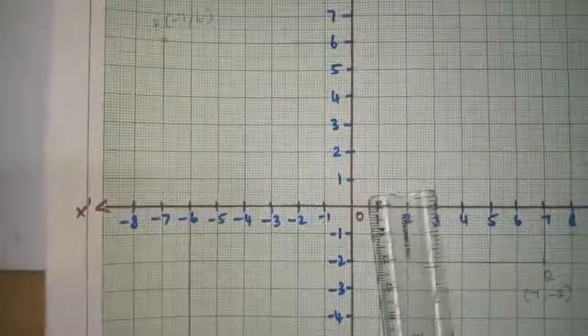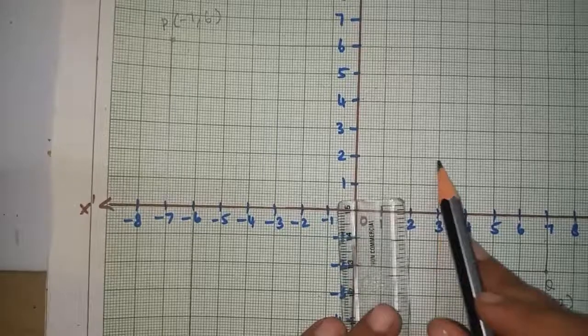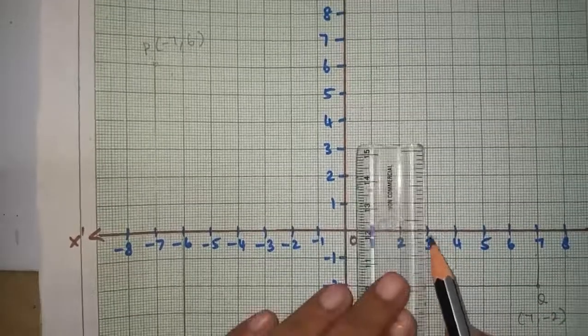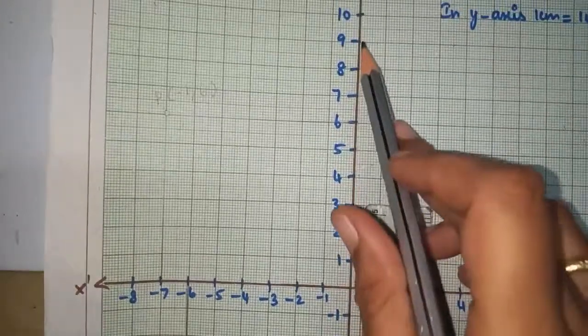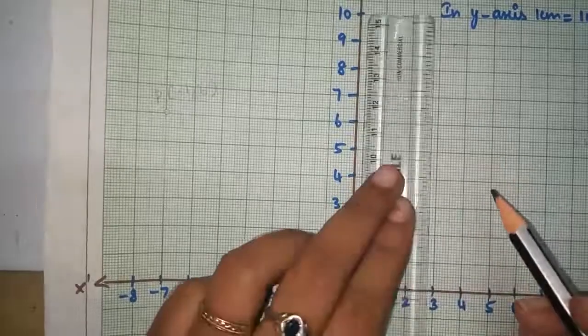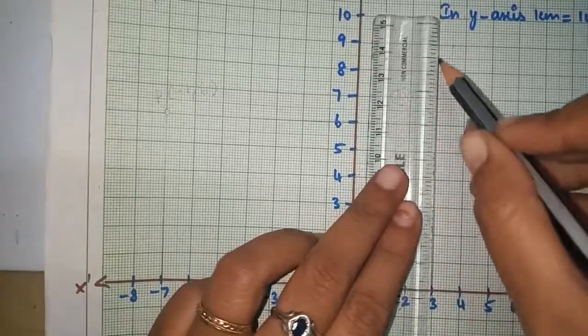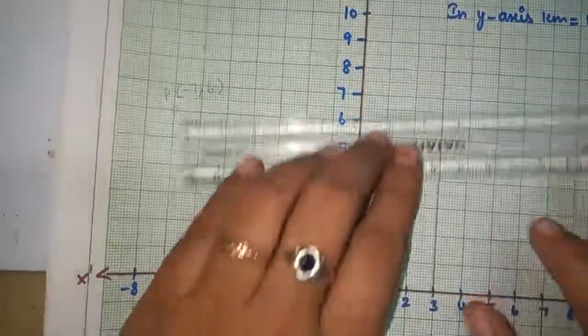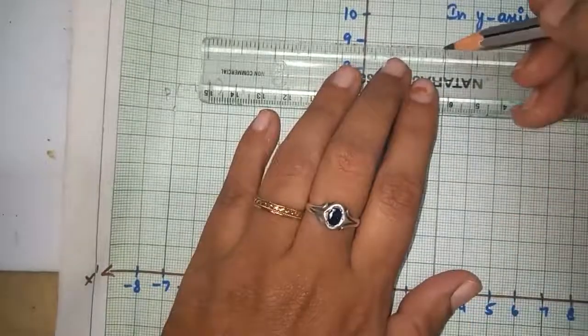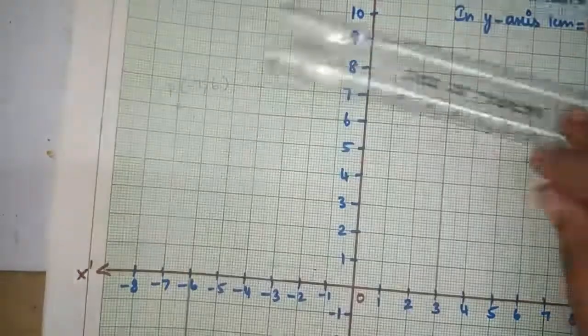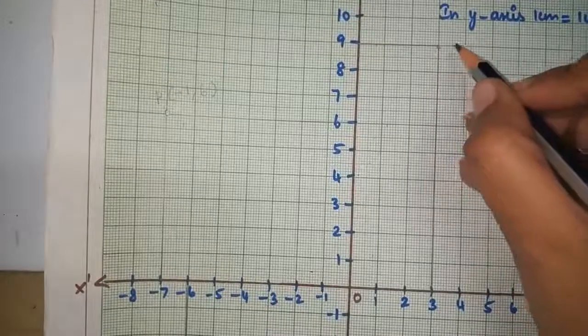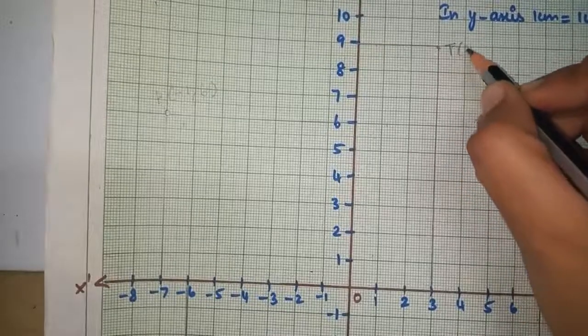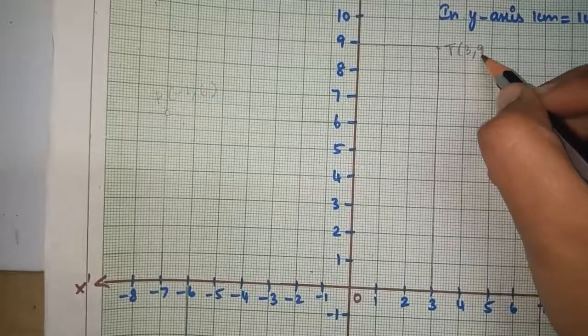Then the fourth point is 3, 9. So 3, 9, both are positive. So it lies in the first quadrant. So 3 in the x-axis and 9 in the y-axis. So you just join the points 3 in the x-axis and 9 from the y-axis. So the point is T of 3, 9.